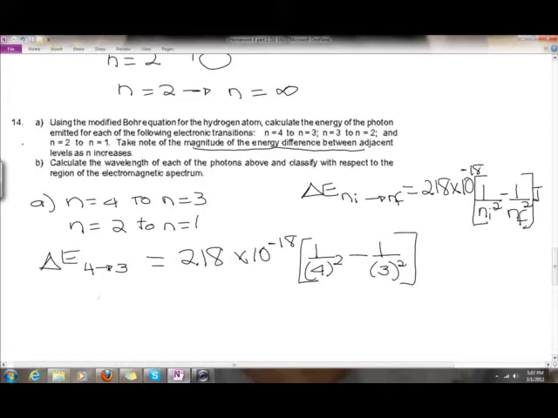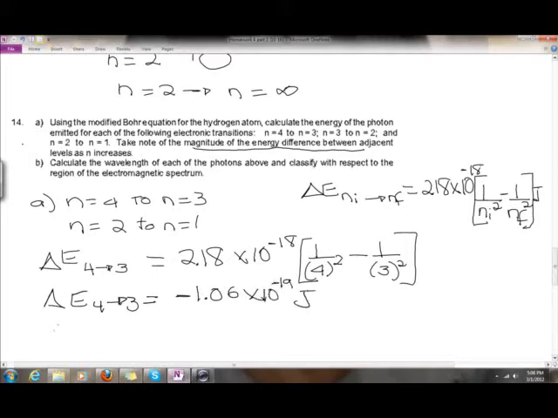So when you get this value, let's plug it in and calculate it. For 4 to 3, it gives you 1 over 16 minus 1 over 9, and that value is minus, of course, emitting energy, 1.06 by 10 to the minus 19 joules.